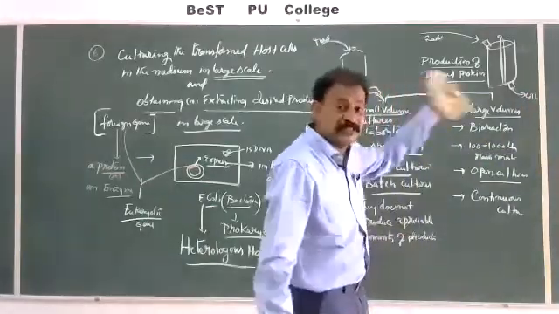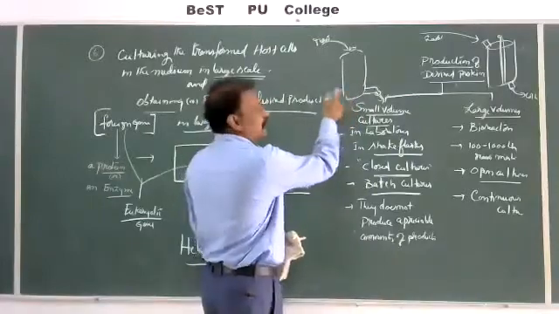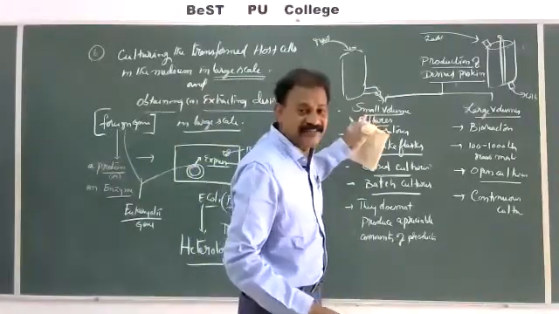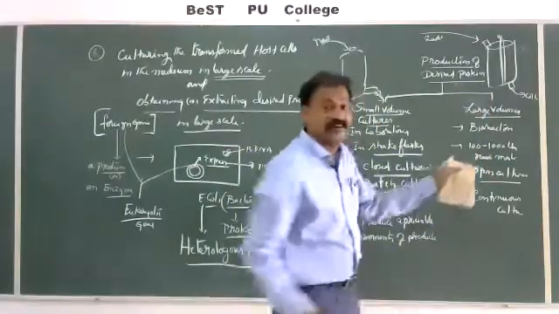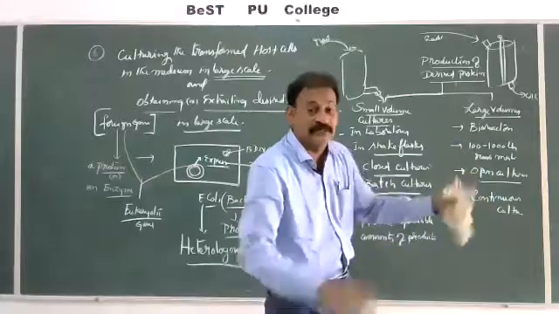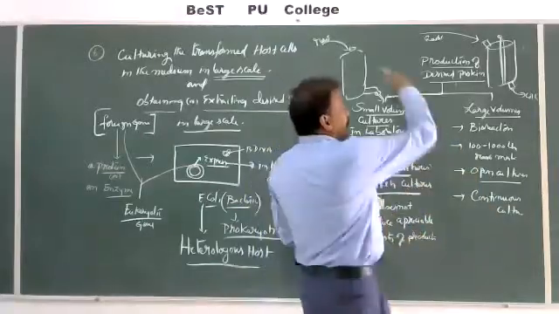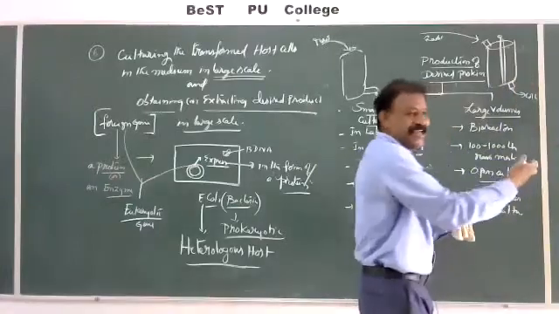A continuous culture system. Here only 1 or 2 liters, 3 liters, 4 liters are used in shake flasks, small volumes. Whereas in bioreactors, thousands of liters of raw materials, and they will never be stopped. It is not closed, it is an open system. Continuously raw materials are coming, continuously product is utilized.